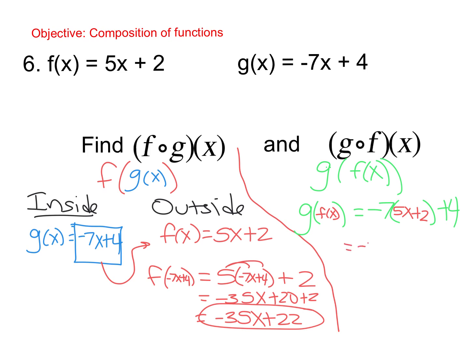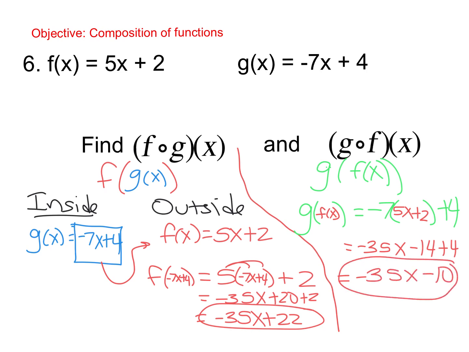Distribute negative 35x minus 14 plus 4. Negative 35x minus 10. Notice the answers are different. So composition of functions, you can't flip it. Like 2 plus 3 and 3 plus 2 are the same. It doesn't work with composition of functions.